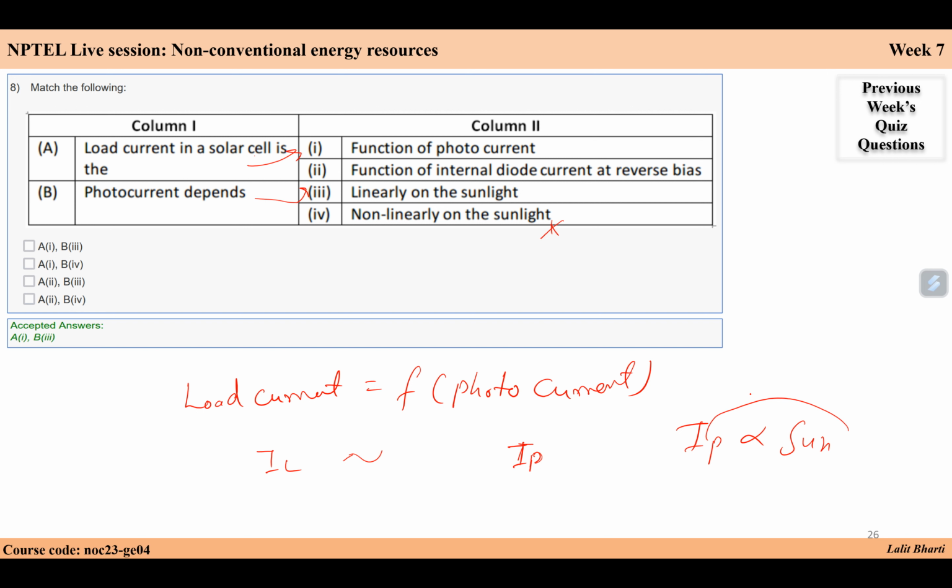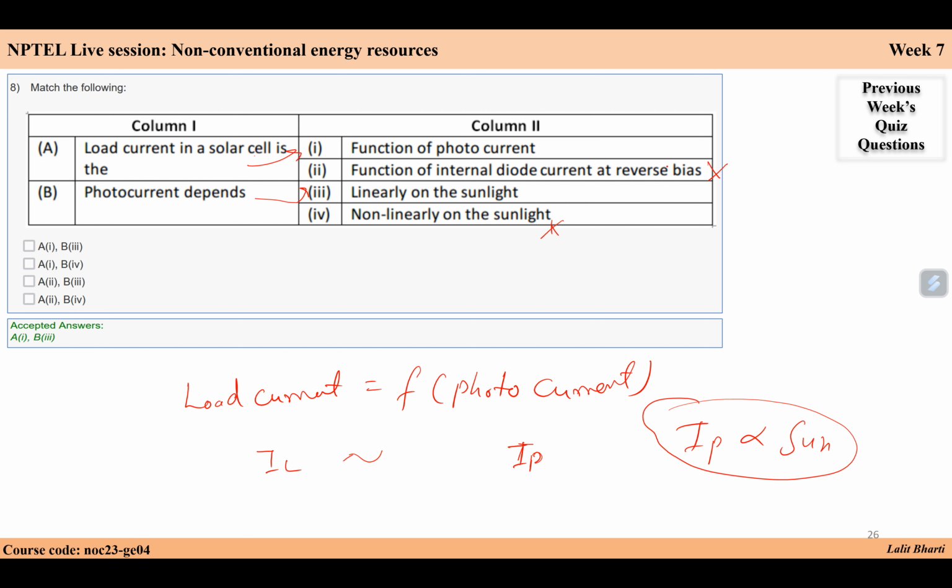The more the sunlight, the more photo current you will have, and with less sunlight you will get less photo current. So photo current is directly related to sunlight.